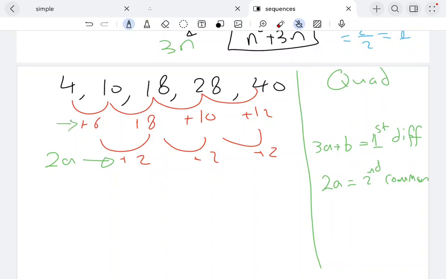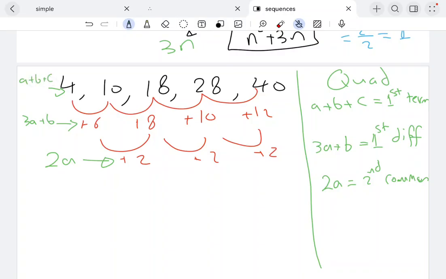So 6 is going to be 3a plus b. And then a plus b plus c is going to be equal to the first term. Not the first difference, the first term. What is the first term? 4. So the 4 here is going to be a plus b plus c.